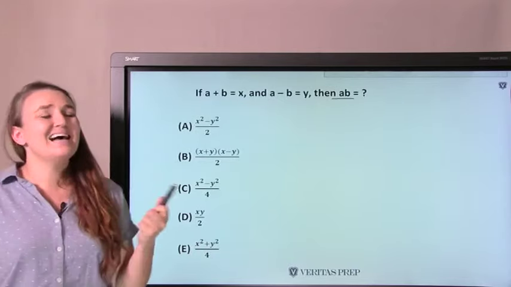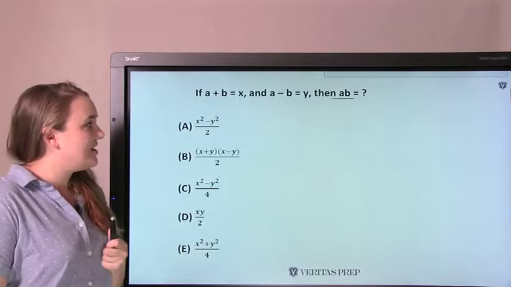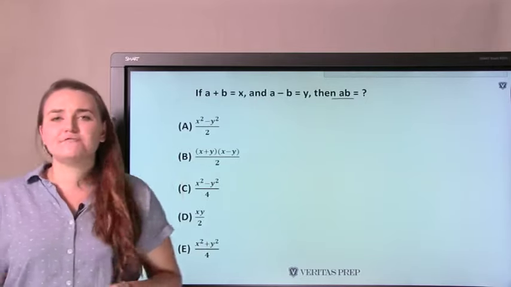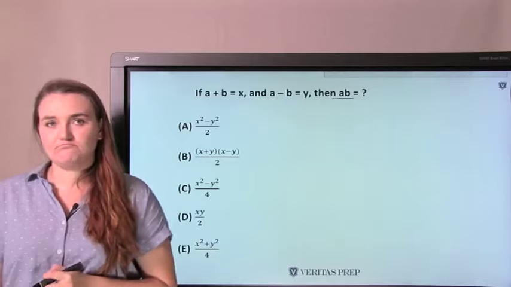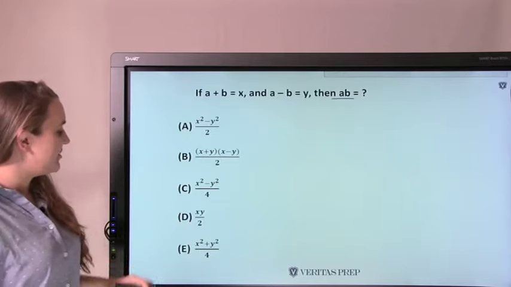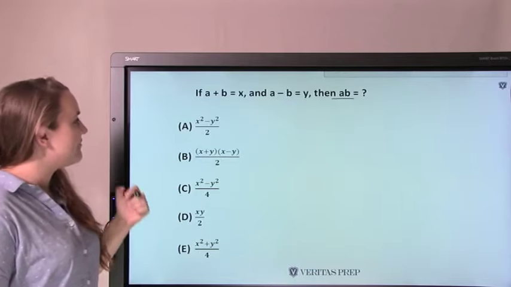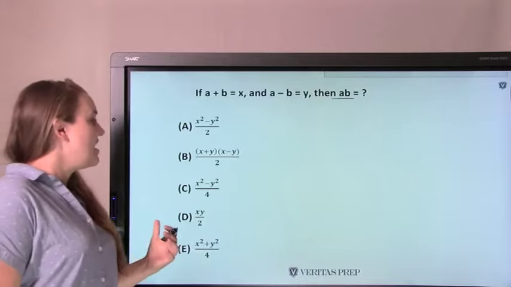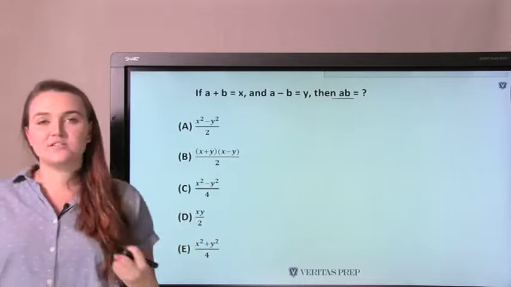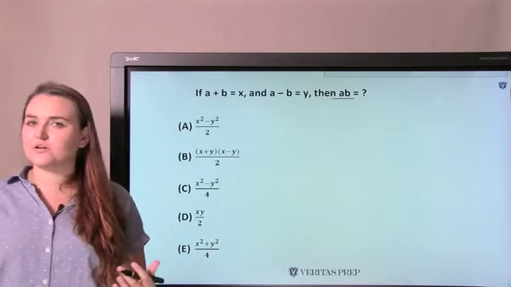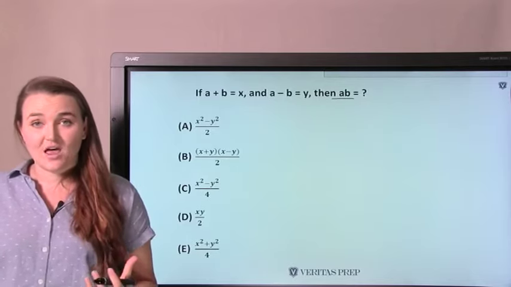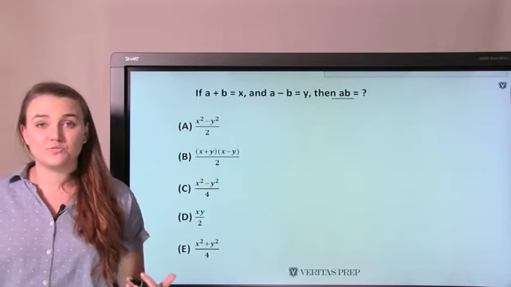So as it stands with these two equations, I don't have the product AB as a unit, right? And I can see in my answer choices that everything is expressed in terms of x, y, x squared, and y squared. So there are a couple of cues or indicators even among our answer choices that can help guide the direction we take this question.